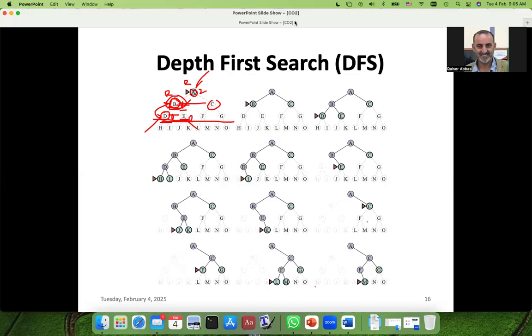In the tree, F and G, 2 actions. So this loop will execute again 2 times. I will get F as the child, and I am calling it again.